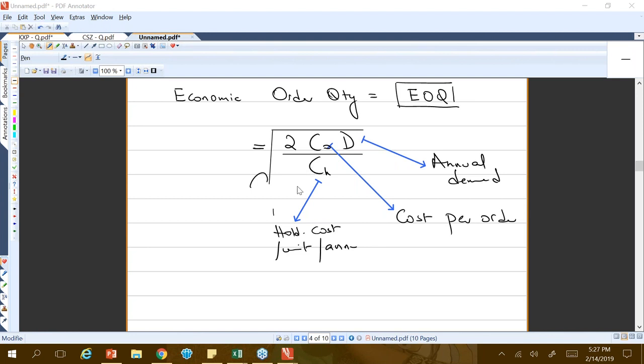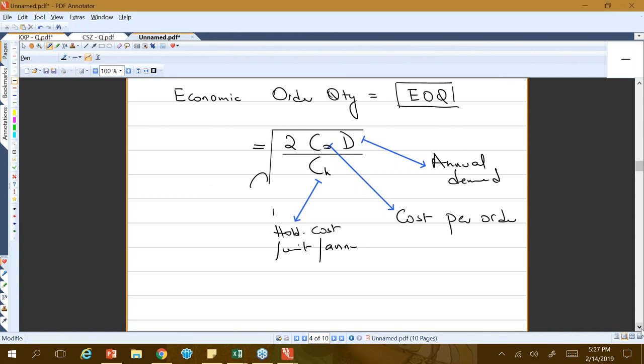Brilliant. Again, some really good answers. Some of the answers are that it looks at an ordering level at which the costs are minimum, minimize the cost for an order. We need to reorder the quantity of order we should place where the costs are minimum. Yes, all good.